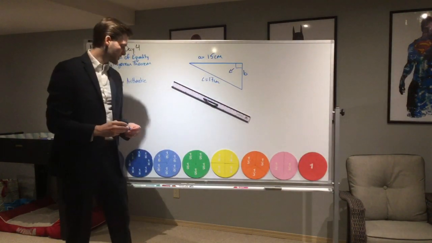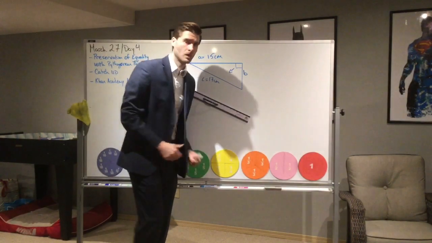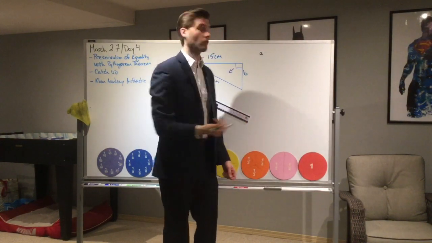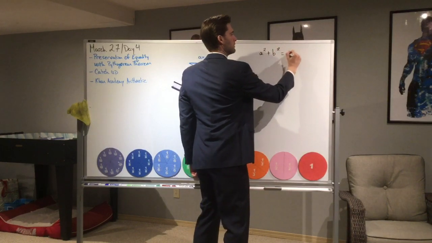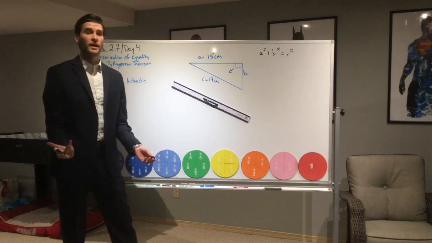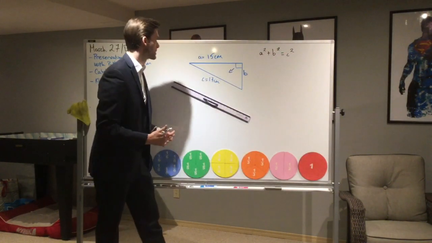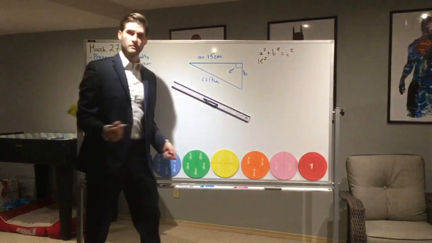So we're going to use the preservation of equality to solve this. So first thing I always do is I write down the formula. So A squared plus B squared equals C squared. Now all I'm going to do is I'm going to replace my values in here. So I know A would be 15 squared.